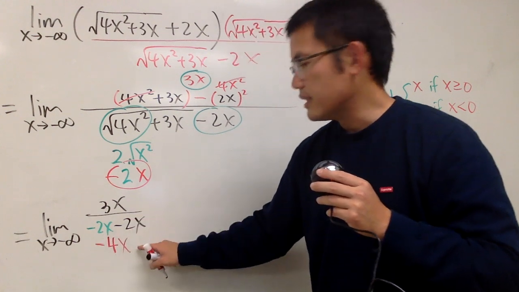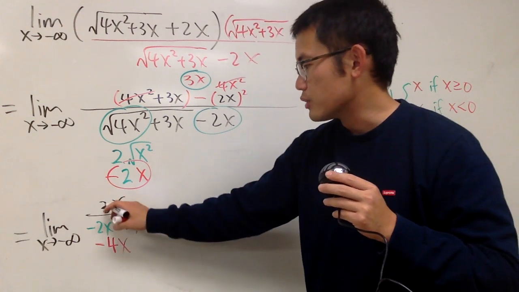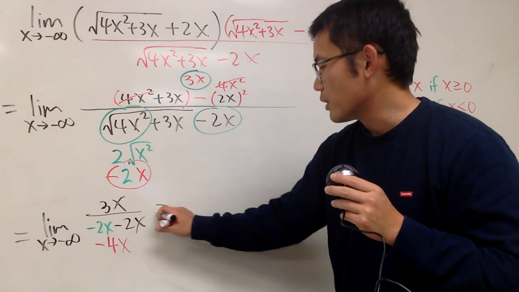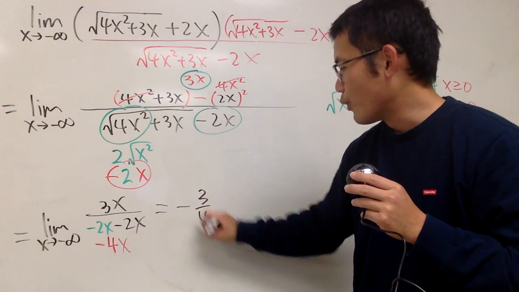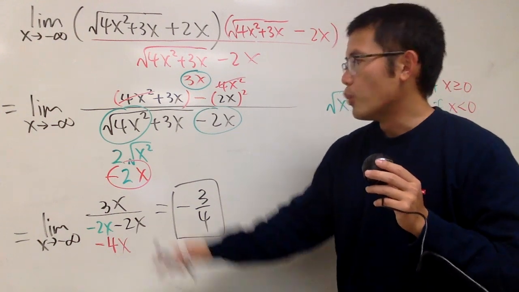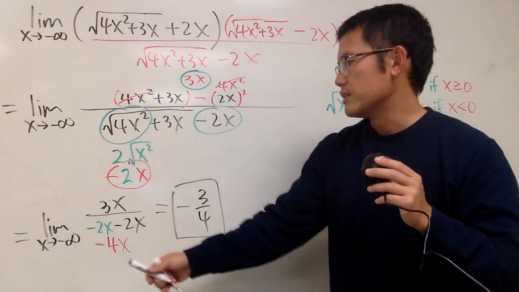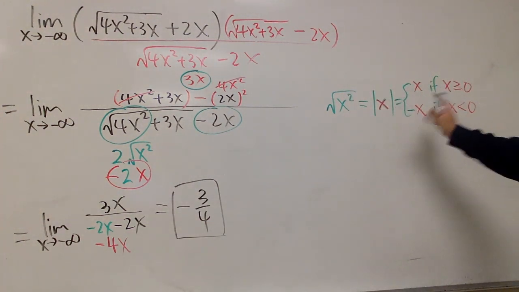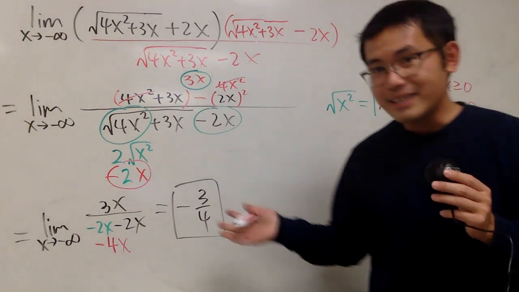And of course, the x and x will cancel. So finally, the answer is just 3 over 4. But that's negative. So negative 3 over 4. Just like that. So be really careful whenever x is approaching negative infinity. This right here, you have to do these kind of things. Right? So that's it.